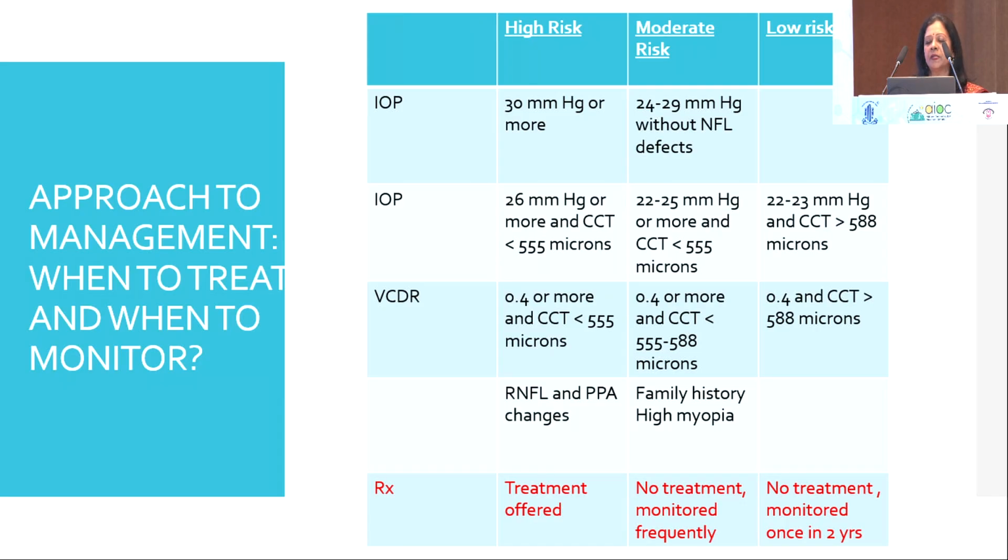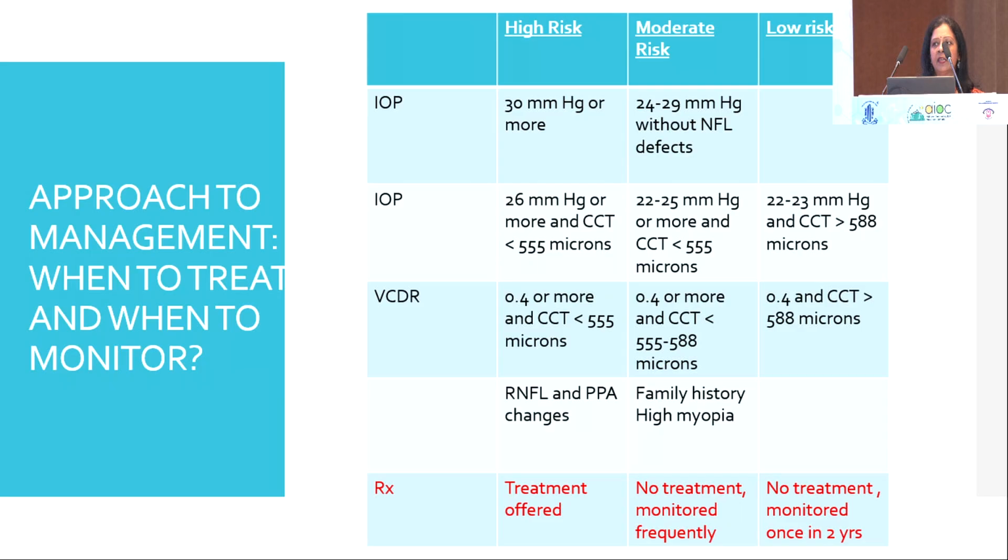In moderate risk, that is between 24 to 29 mm mercury without NFL defects, or between 22 to 25 or more with thin CCT, or 0.4 or more and CCT is thicker, and with a positive family history or high myopia, there you can consider not to treat the patient but monitor them.